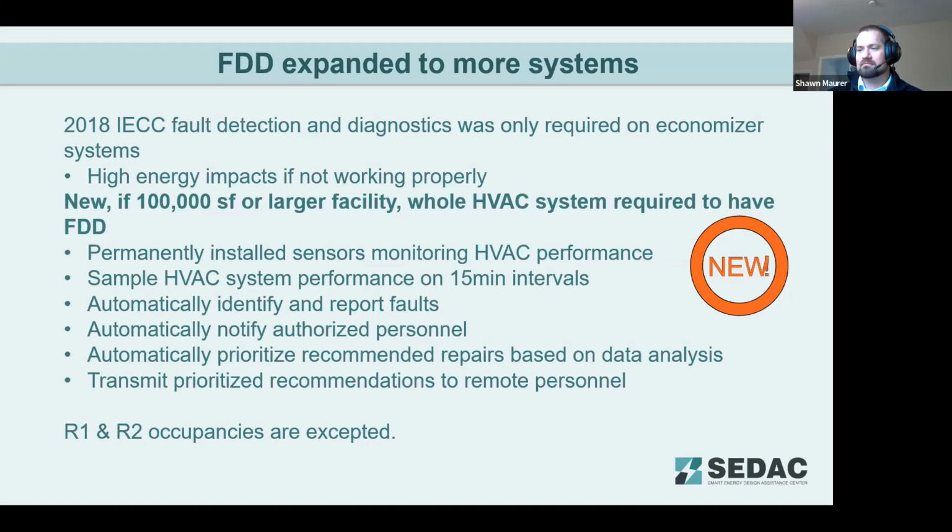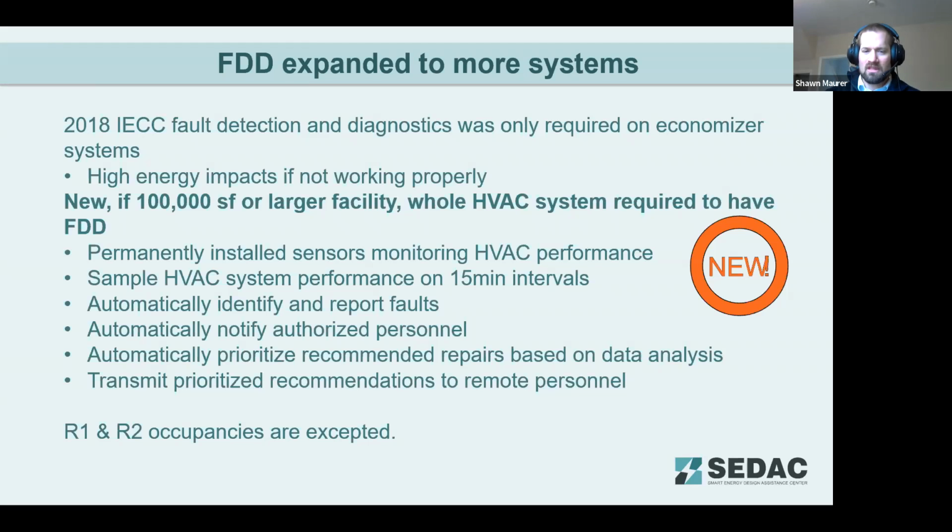Because we know from all the SCADA systems we've looked at in our years doing building energy assessments, there's a lot of data in those, and it can be hard to parse out when there's an issue versus just standard noise and standard operation. So these systems are going to build that into the overall system to help identify maintenance issues faster and get those addressed before they become a major energy drain on the building.